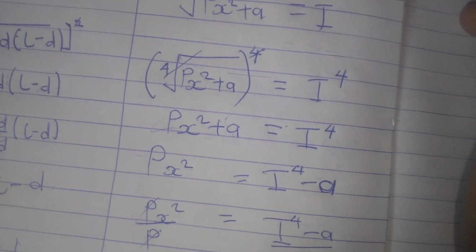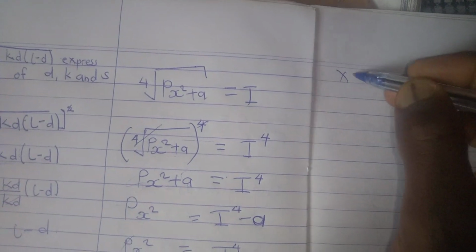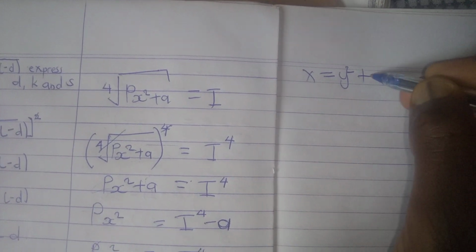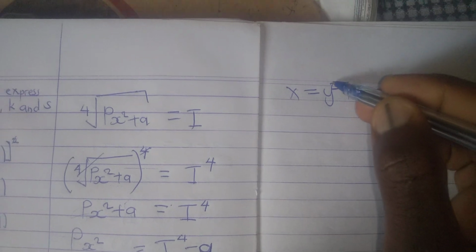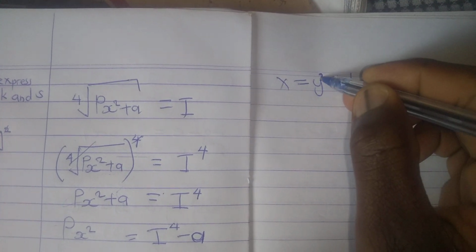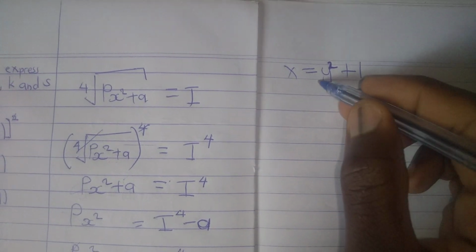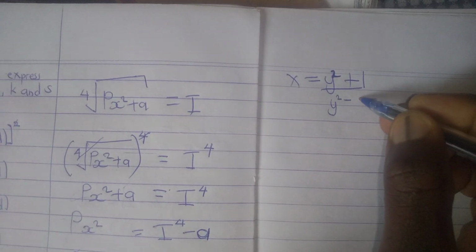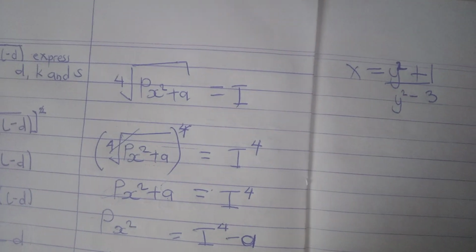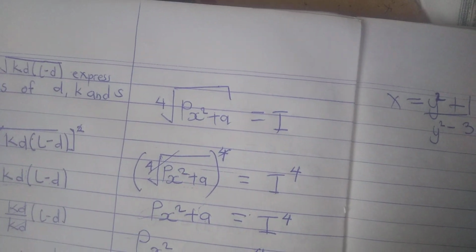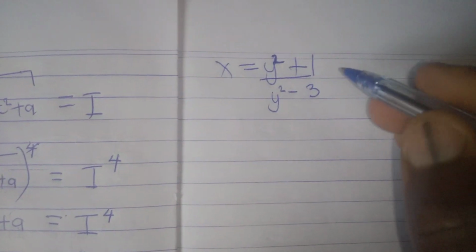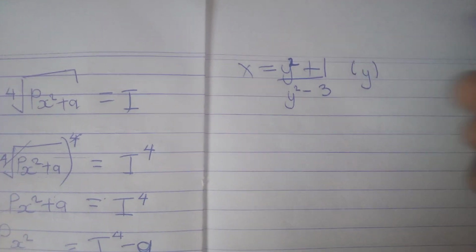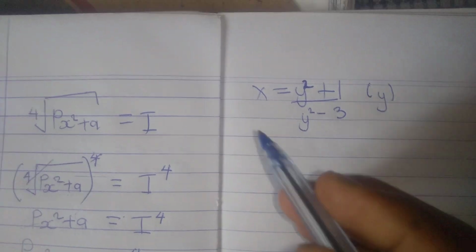For example, you have been given that x equals y squared plus 1 over y squared minus 3. So they want us to make y the subject of the formula. Let me just indicate it here in brackets, implying that we are making y the subject of the formula.